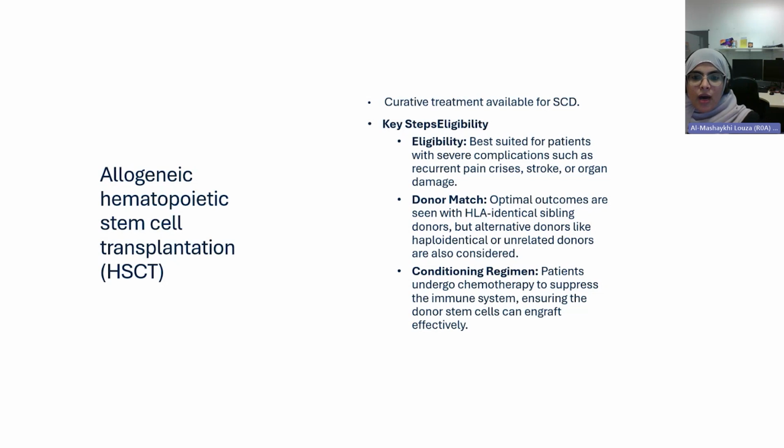However, now it's under trial also. We have alternative donors like haploidentical or unrelated donors we might consider, also under clinical trials. Conditioning will require the patient, of course, to undergo chemotherapy to suppress the immune system and ensure the donor stem cells can engraft effectively. Next slide.